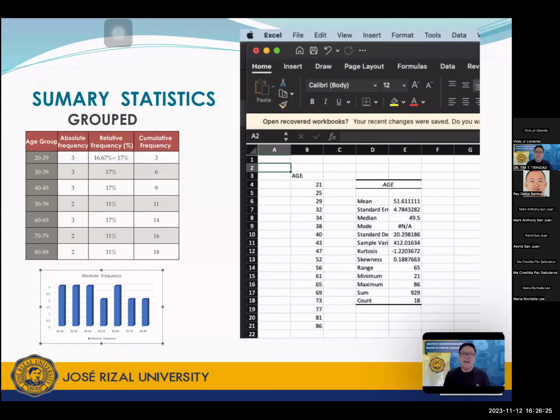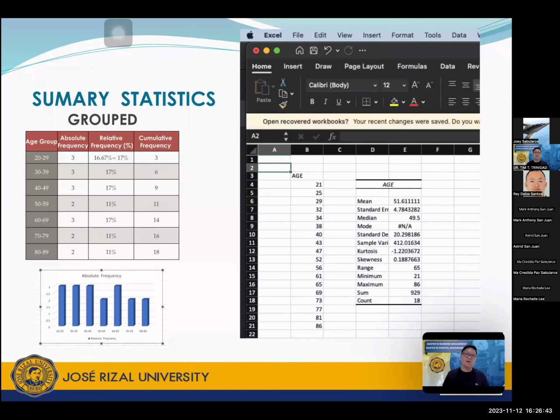Okay. So, it's simple, right? Simple, simple, simple. All you have to do is gather your data, list them down, organize them from highest to lowest, and then analyze, compute for the mean, compute for the median, compute for the mode.